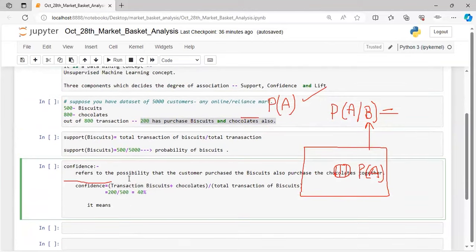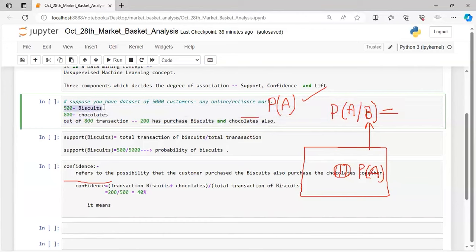If in 800 there are 200 who purchased biscuit and chocolate, that means 600 only chocolate.